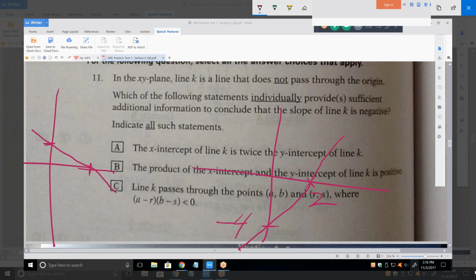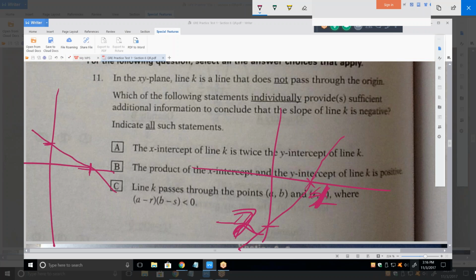Well, the x-intercept is not twice the y-intercept. Twice the y-intercept would be -8. And even if I make that 4 and that -2, twice the y-intercept would be -4, so it's not equal to 4. So this picture doesn't work. The one on the right.